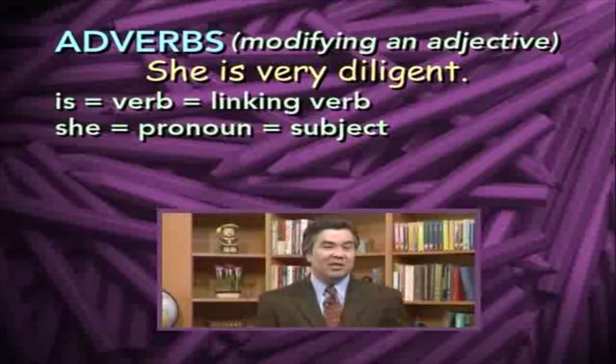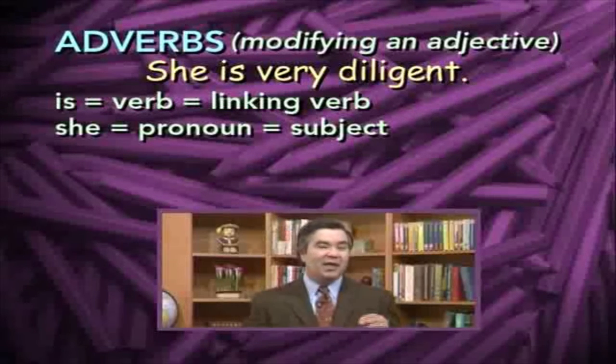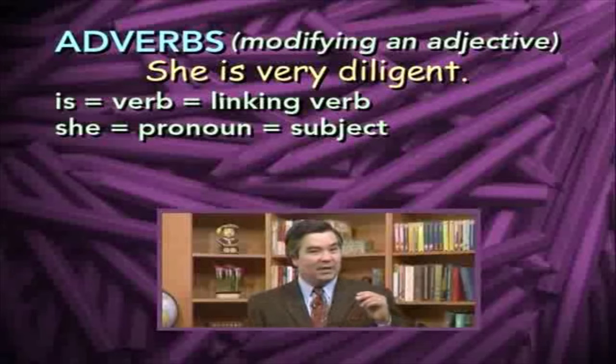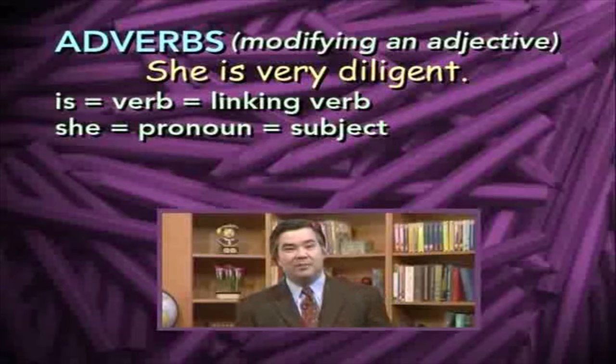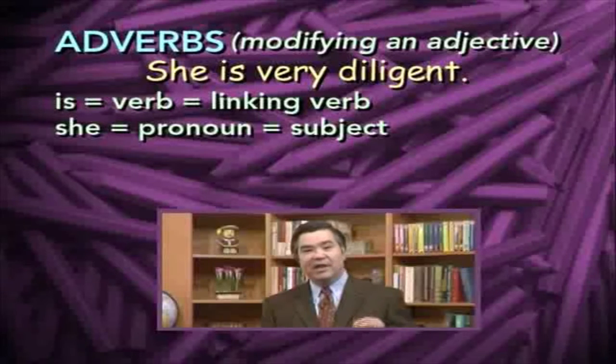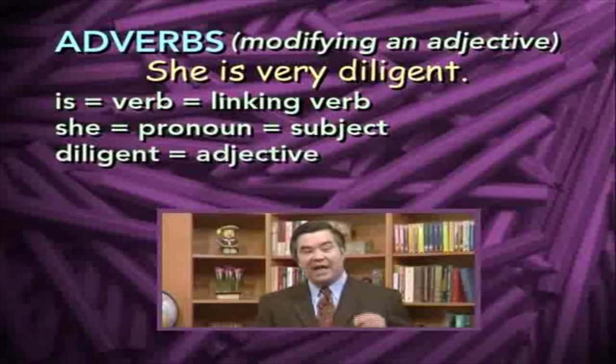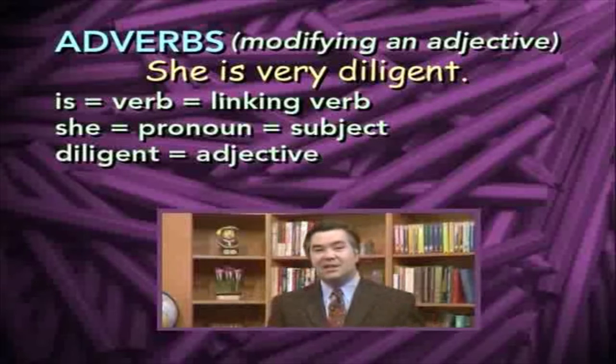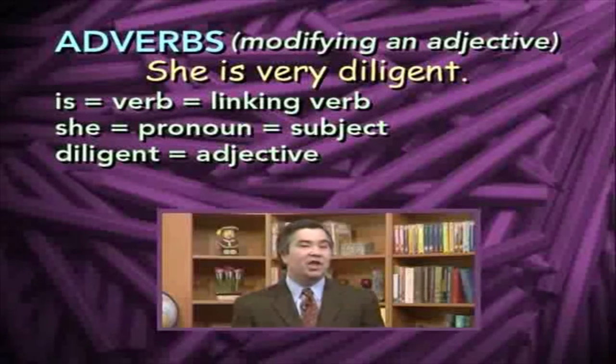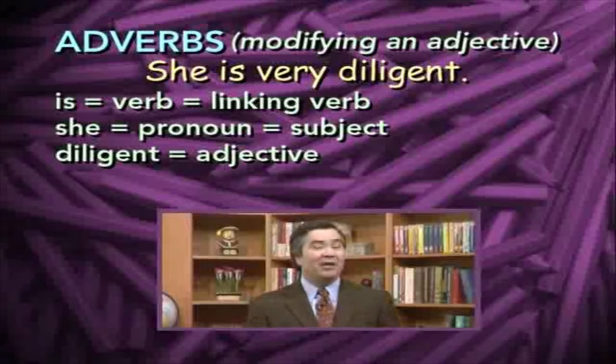A linking verb describes something that the subject is. So in this case, we have a sentence containing a linking verb rather than an action verb. Notice that what follows the linking verb is the adjective diligent. That adjective diligent refers back to, describes, or modifies the subject of the sentence, the pronoun she. It tells us something more about she.